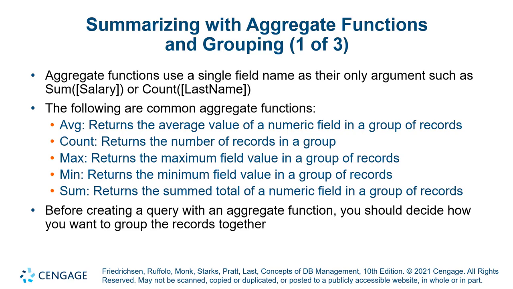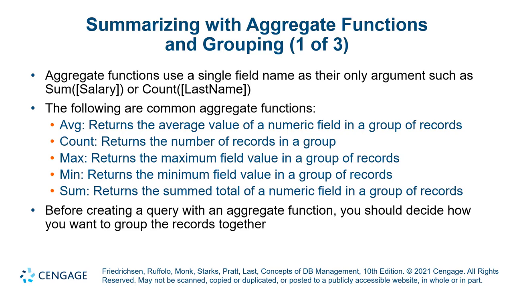When we're using aggregate functions, we also need to plan out and decide how we want to group our records, our results. We need to group them together in some way, because if we don't, they're going to look at each record and treat it individually. These aggregate functions are looking at all of the data inside that field.